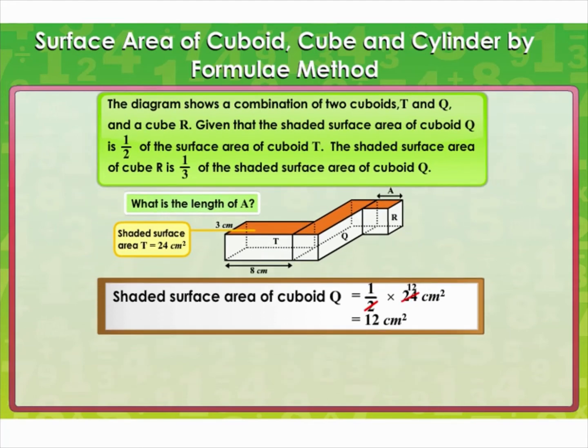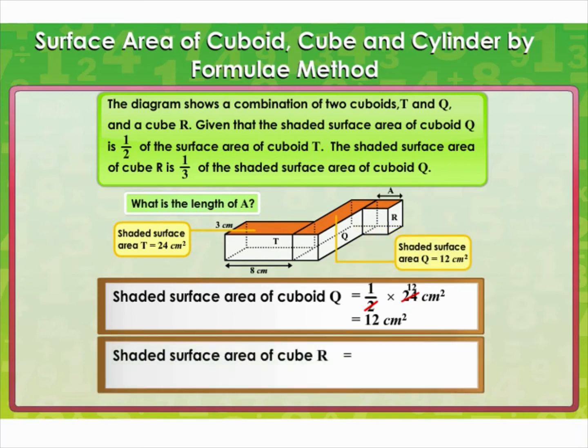Now, what about the shaded region of the cube R? The shaded surface area of the cube R is 1/3 of the shaded surface area of the cuboid Q. So, what is 1/3 of 12 square centimeters?